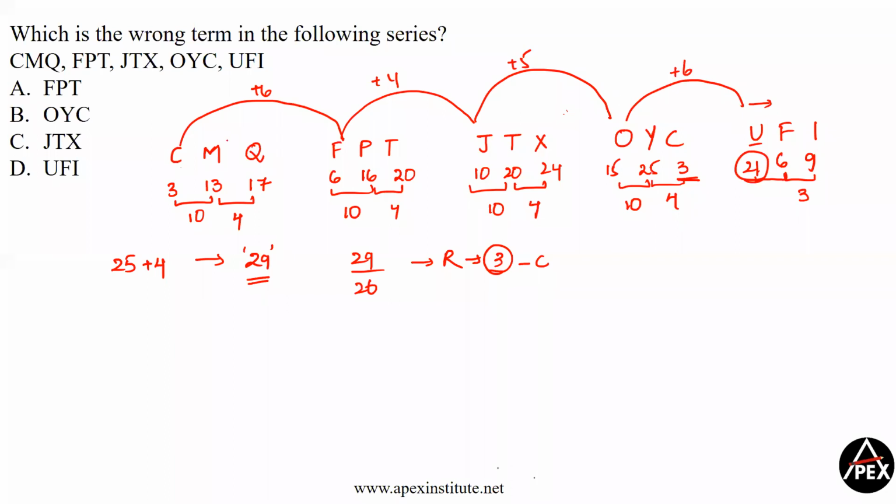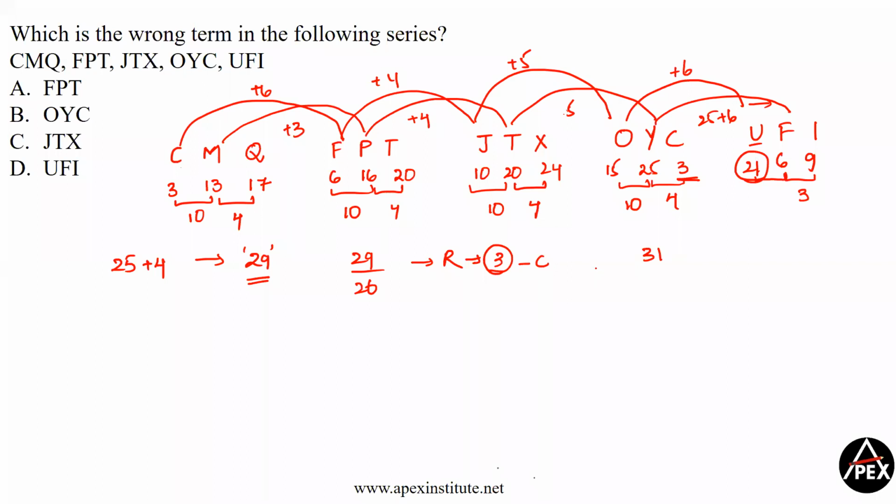Now coming to the second letters of each term: M, P, T, Y. So 13 plus 3 is 16, 16 plus 4 is 20, 20 plus 5 is 25. So it should be 25 plus 6, which is 31. Isn't it? It is 31.